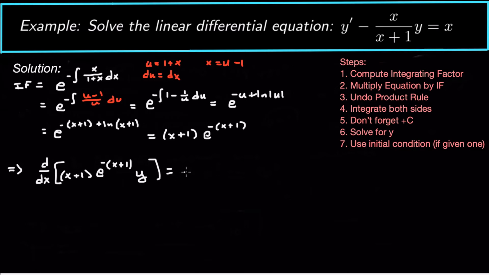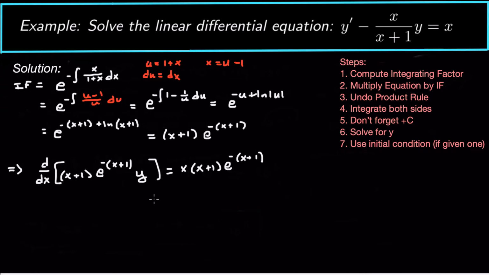And then multiply the right-hand side by x times x plus 1 e to the negative x plus 1. Quite tedious, this integrating factor.